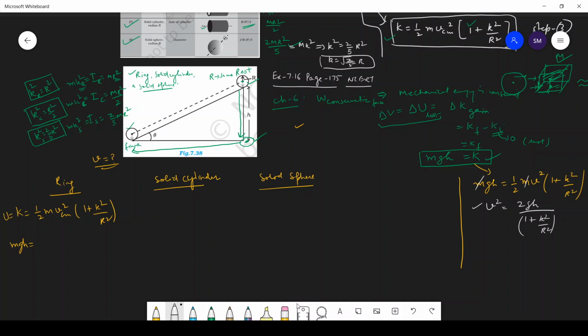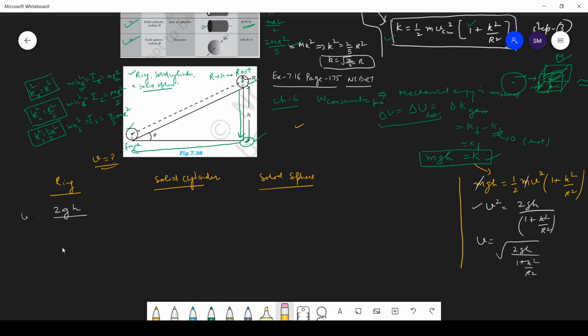Let us find this value of V square for all the three cases. So what will be V square here? V is equal to under the root 2gh upon 1 plus K square by R square.